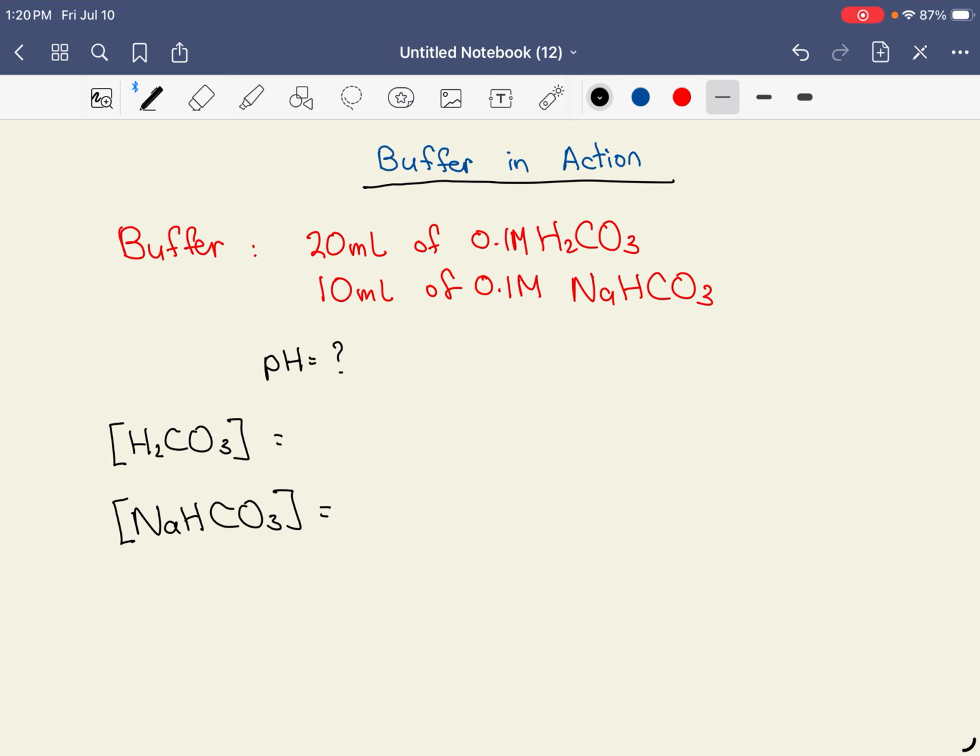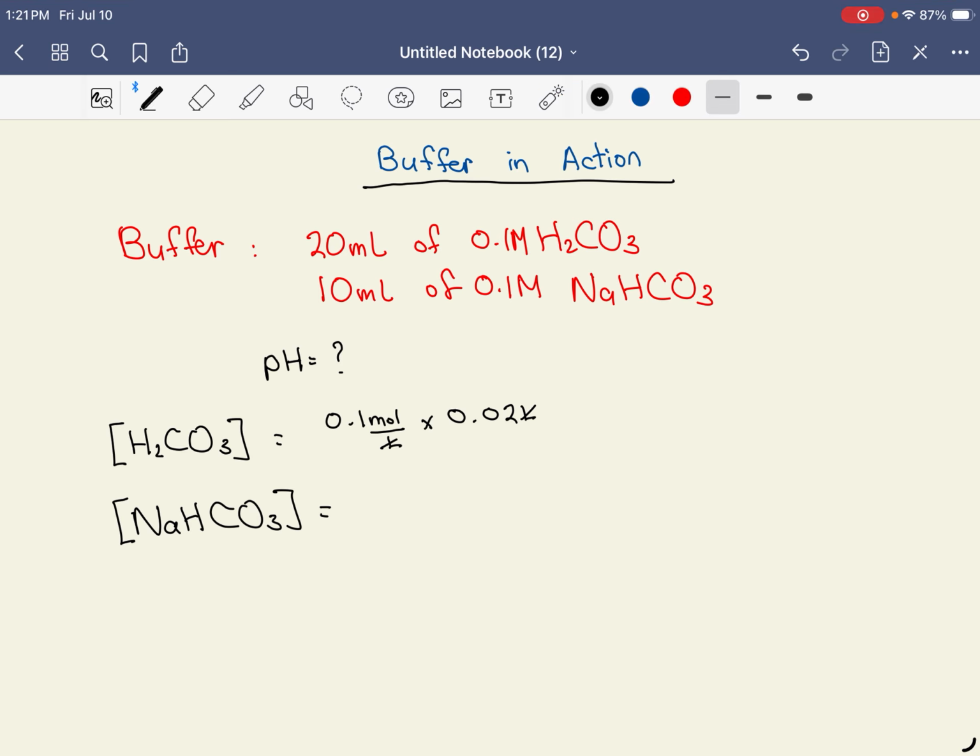To do this is very simple, just a simple molar calculation. I start with 0.1 moles per liter of carbonic acid, and I have 20 milliliters of it. This will give me how many moles of this there are in the beaker.